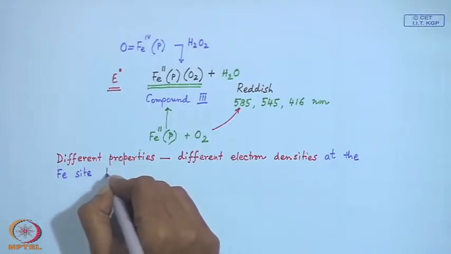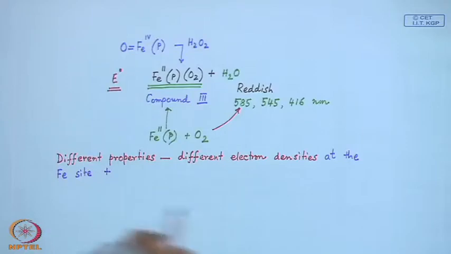Plus, we are changing from one protein environment to the other, because for catalase the protein environment is different compared to your peroxidase, which is also different for your cytochrome C oxidase.